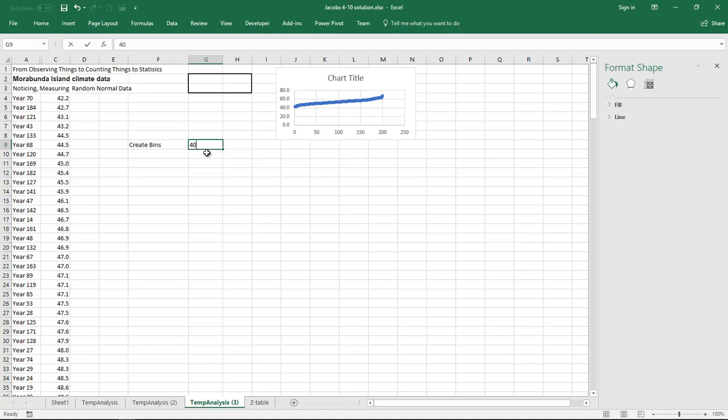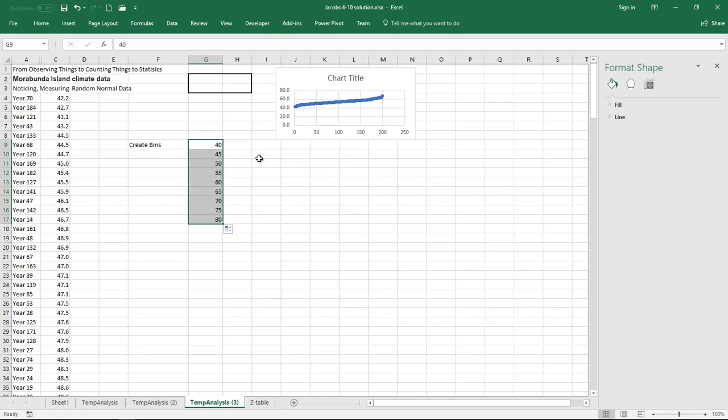Let's use 5 degrees as our bin size, so 45 degrees is the next separator. For every 5 degrees, tell me how many times we had temperatures up to 40, how many times from 40 to 45, from 45 to 50. Let's count how many times that happened.